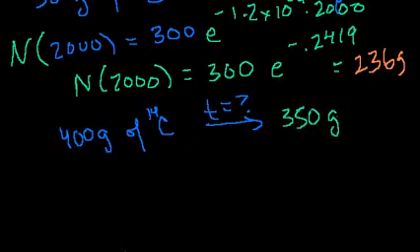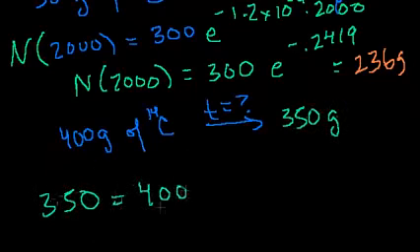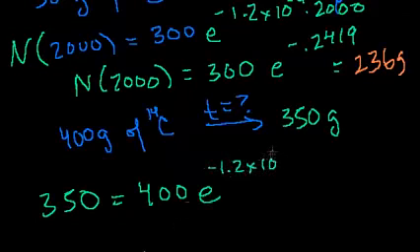So 350 grams is how much I'm ending up with. It's equal to the amount that I started off with, 400 grams, times e to the minus k, that's minus 1.2 times 10 to the minus 4, times time. And now we solve for time.